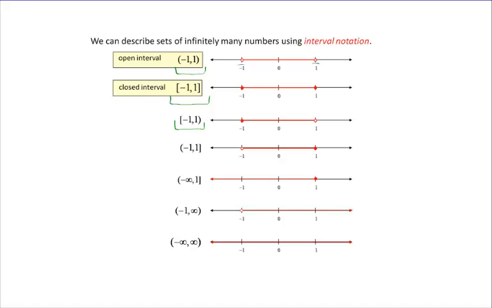This is a half open, half closed interval. In this case, the right endpoint is not included in the interval, but the left point is. In this case, the left endpoint is not included, but the right endpoint is. We will never, under any circumstances, ever have a bracket next to positive or negative infinity, because we are never there.